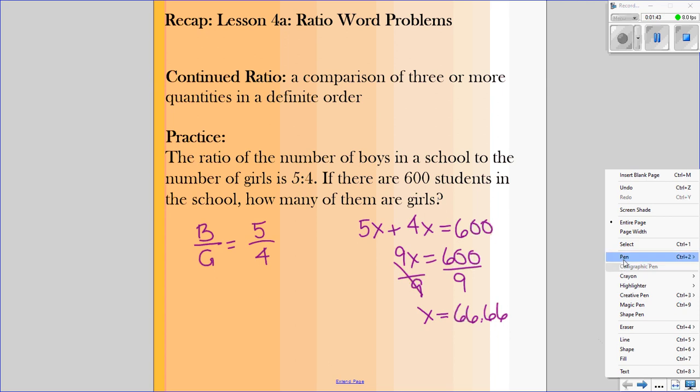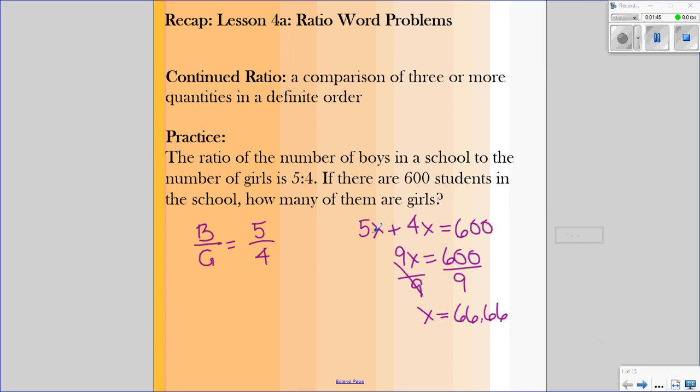Since they're asking you how many girls there are, you just focus on the ratio that represents a girl. So you got the 4x, so 4 times 66.66. And then when you multiply that by 4, you'll get 266.66.